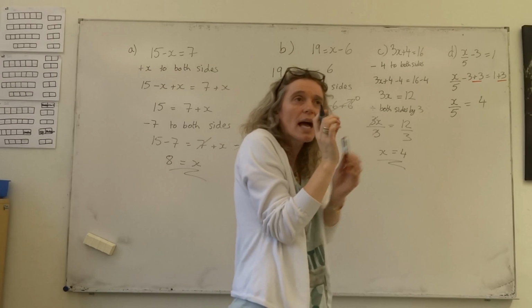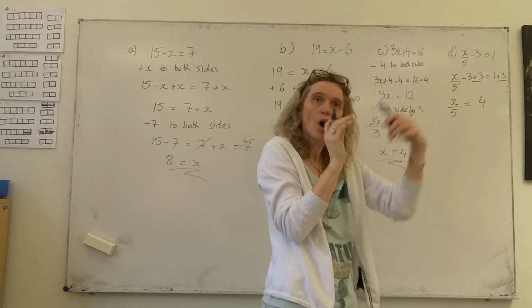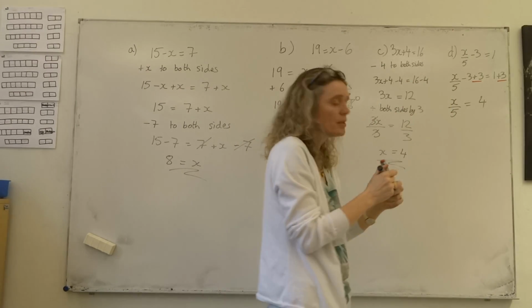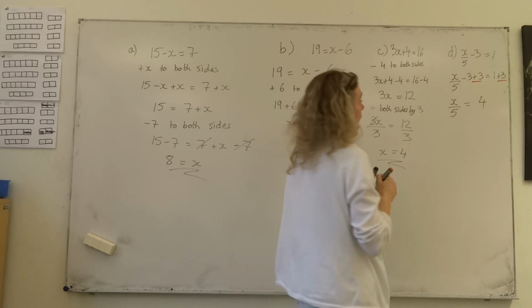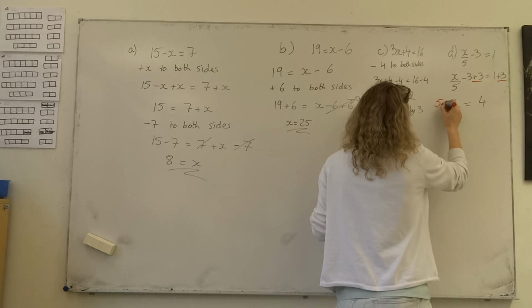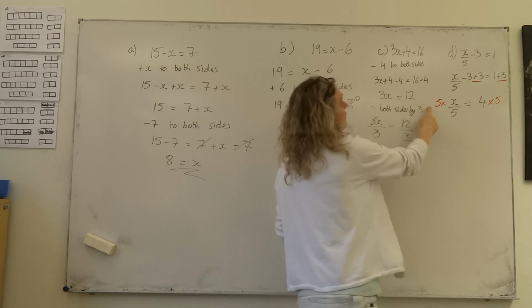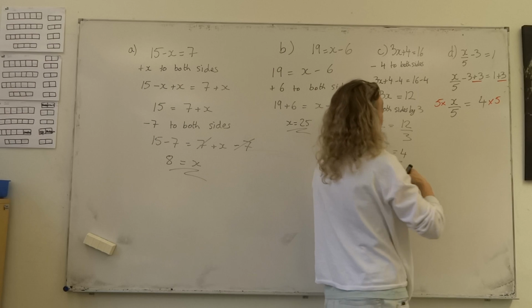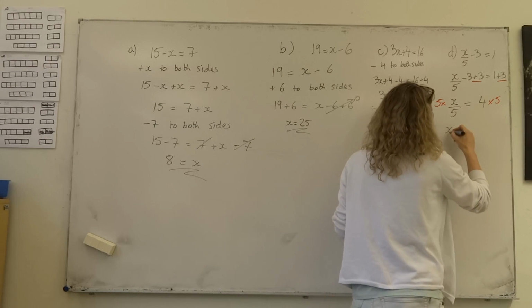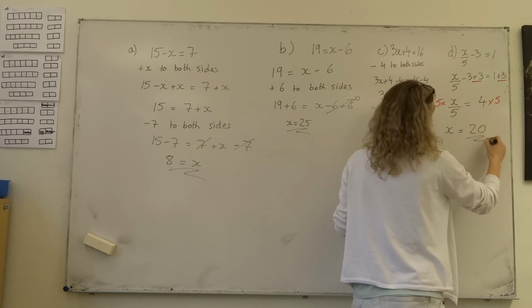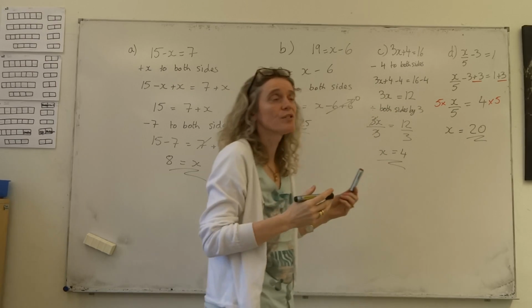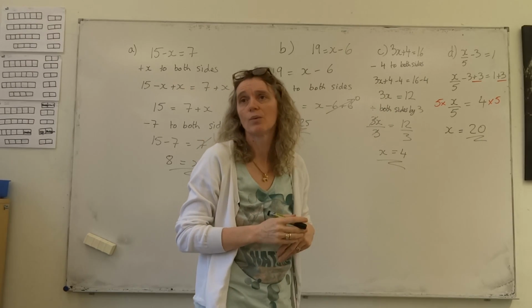I don't want to know what a tiny fifth of x is, I want to know what the whole lot of x is. So if I multiply both sides by 5, that will give me 1x. Because 5 divided by 5 is 1. So I then get that the whole lot of x equals 20. If a fifth of x equals 4, then the whole of x would equal 20.